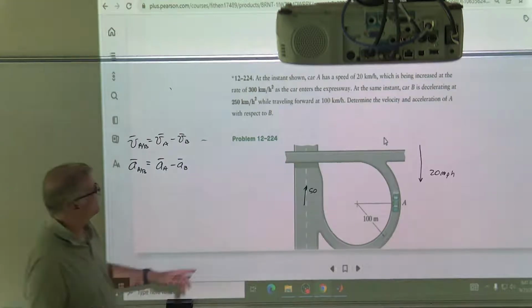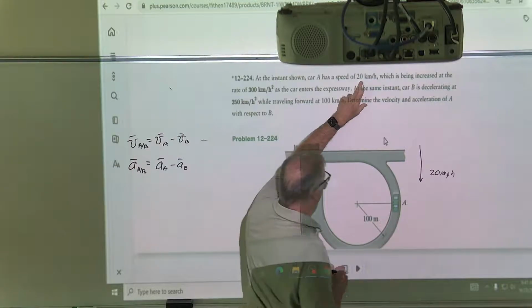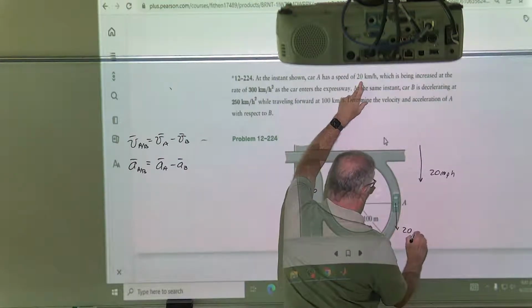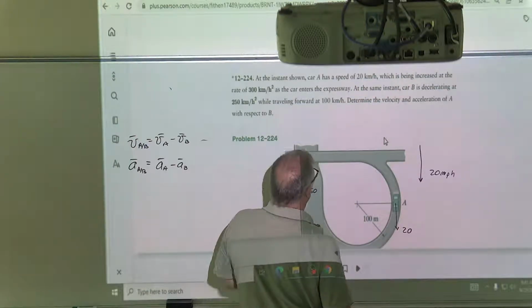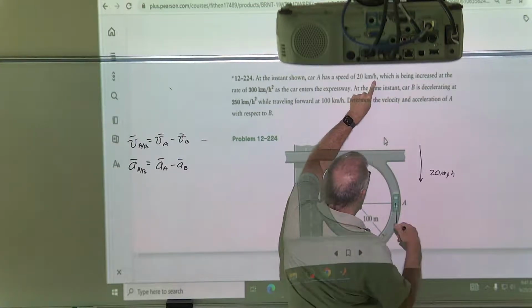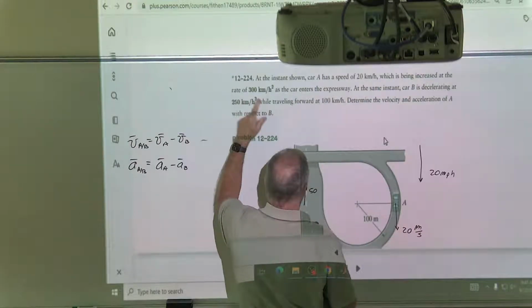So this is car A. So he says, car A has a speed of 20 kilometers per hour. Why did he do that to me? So it should be meters per second. So I'm gonna change the problem and say it's 20 meters per second. And it's been increasing by what you'll want to do.